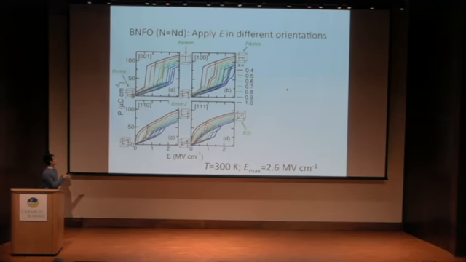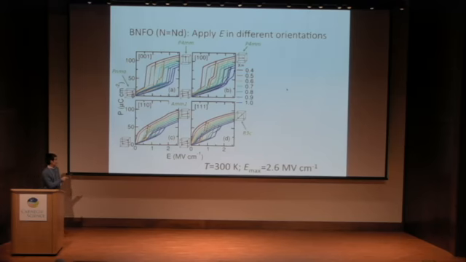For field along the 1, 0, 0 direction, the PE curves are very similar to the case of 0, 0, 1 field. The ferro phase is also this tetragonal P4MM phase, except the polarization is along the 1, 0, 0 direction, the same as the field. And for field along the 1, 1, 0 direction, the first appearing ferro phase is a monoclinic CC phase.